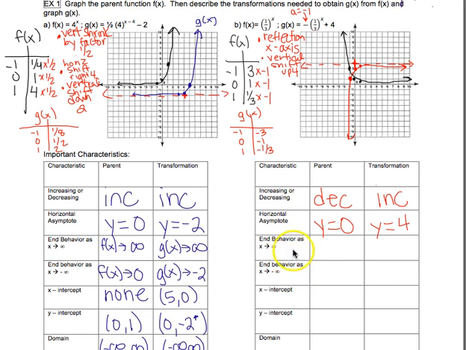End behavior as x approaches infinity. So original graph, as I move to the right, the y values are getting closer and closer to 0. So f of x approaches 0. On my transformation, as I move toward the right, my y values are getting closer and closer to 4. Oops, shouldn't be f of x, should be g of x approaches 4.